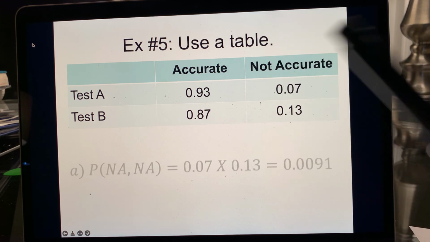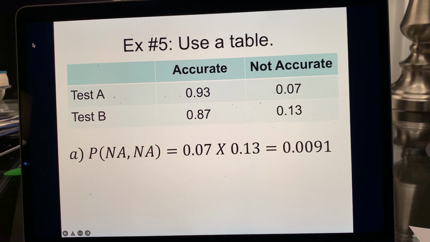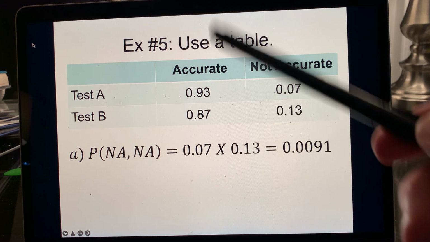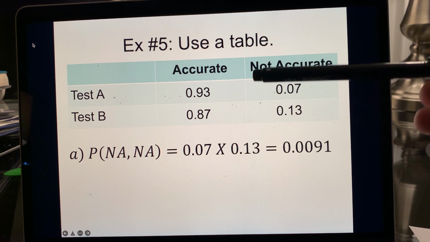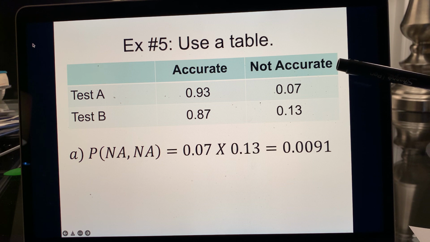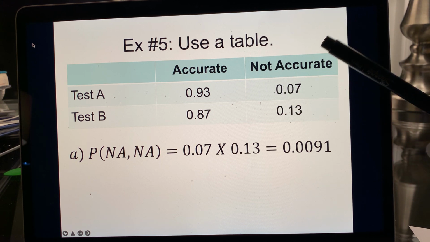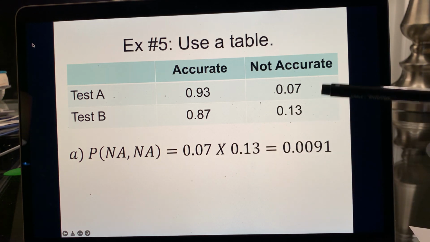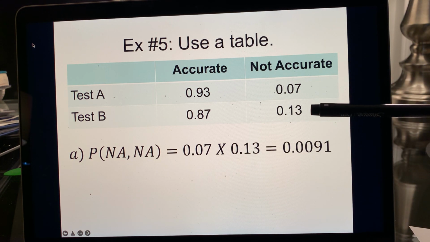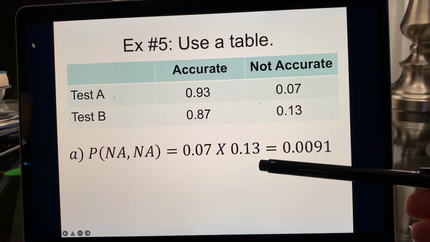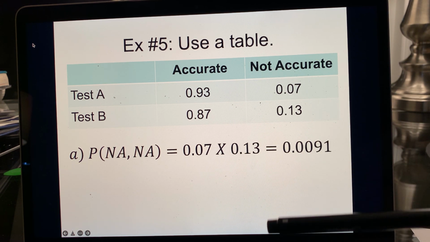So if neither test shows it, the tests failed. This is really asking for the probability the two tests are not accurate and not accurate. So that's 0.07 times 0.13. Because the tests are independent of each other, we can just multiply them together to get our final answer.